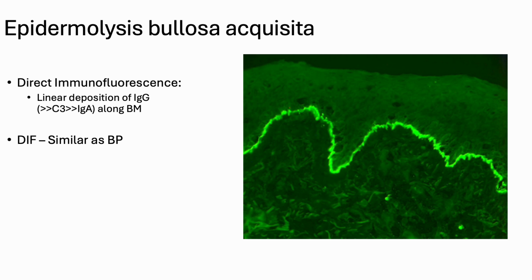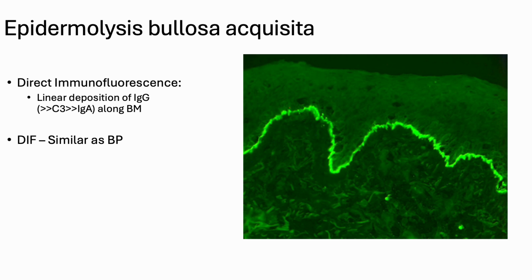If you only have IgG and negative C3, that is more aligned with EBA. But in real life, if you see this pattern, it's almost certain it's BP, because EBA is much more rare than bullous pemphigoid.